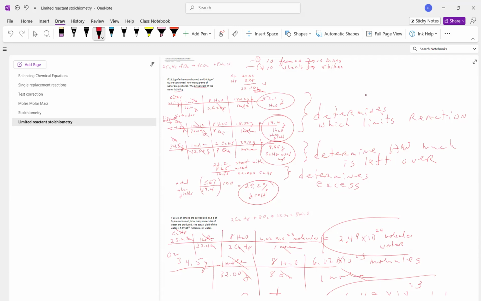Now, I've got lots of videos on doing limiting reactants besides this one we're doing today. Number two, I have a lot of worksheets for you for practice. Are there any more questions on this?